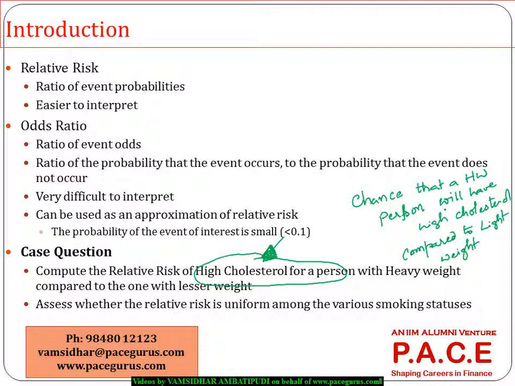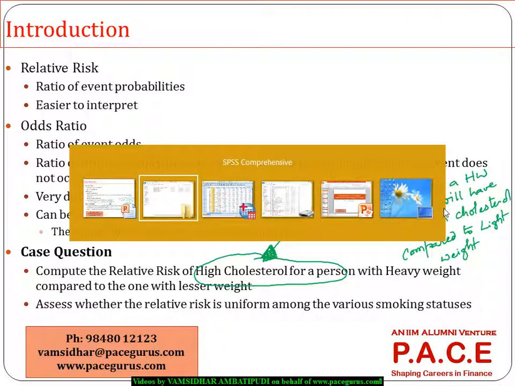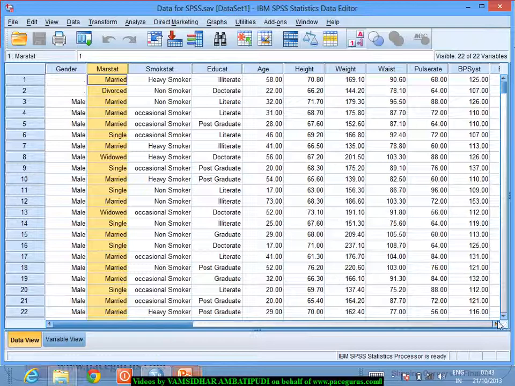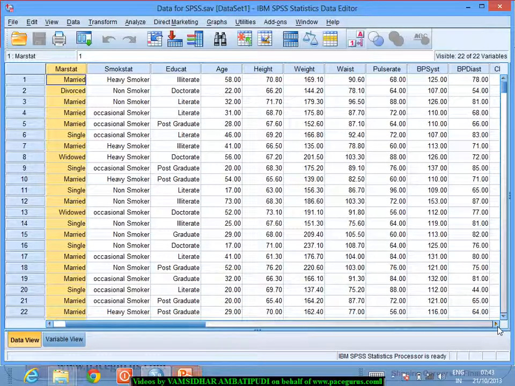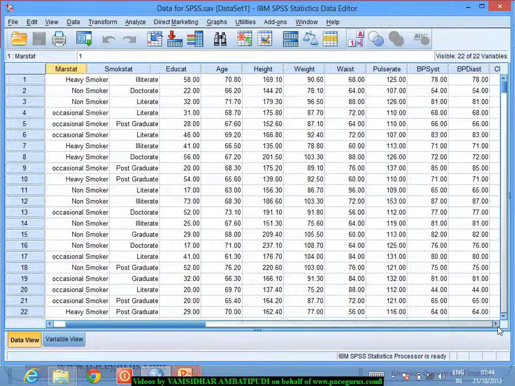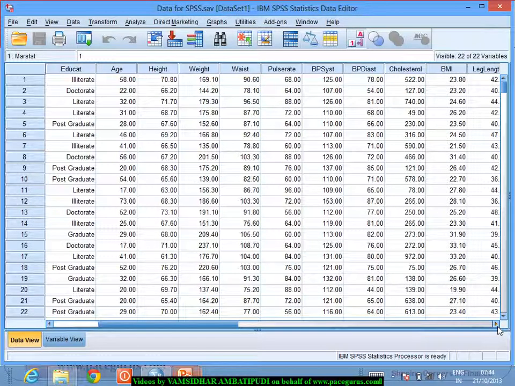Whenever we are talking about a 2 by 2 kind of category, we can think of using this kind of relative risk using the crosstab analysis. For that, I prefer modifying the data because I need to have a definition for high weight and a definition for high cholesterol. Just by looking at the numbers, a cholesterol number of greater than 500, I'm seeing so many people with greater than 500.